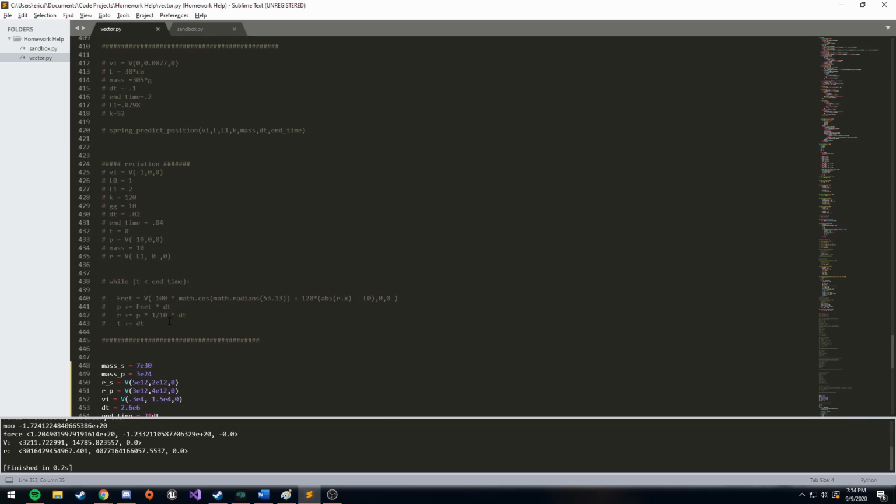Has anyone gotten their X component for velocity yet? Yes, I got 3002.94. Just read me your numbers, you kind of cut out a little bit. 3,002.